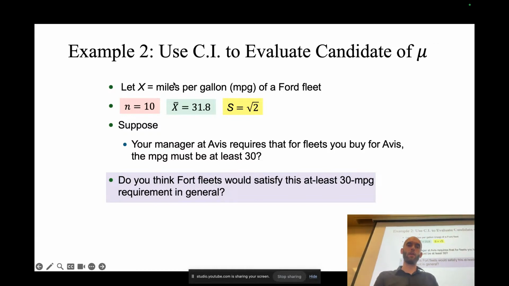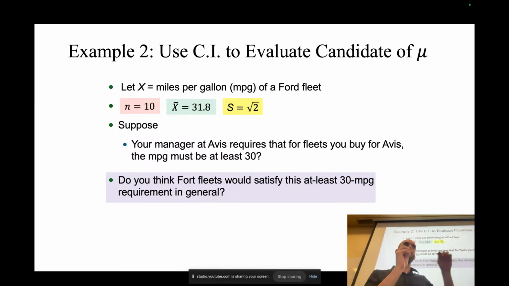So for example, we have the same numbers. What if your manager is requiring you to buy for Avis if we need the miles per gallon to be at least 30? We have an estimate that itself is above 30, but how confident are we that the truth is actually above 30?